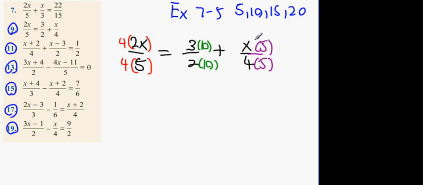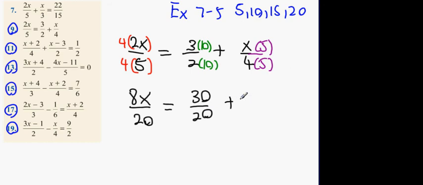Now what this does is, it creates 8x over 20 equals 30 over 20 plus 5x all over 20. Now, because both sides are being divided by 20, what can you do with the 20s? Cross them off. Now we're left with the equation 8x equals 30 plus 5x.